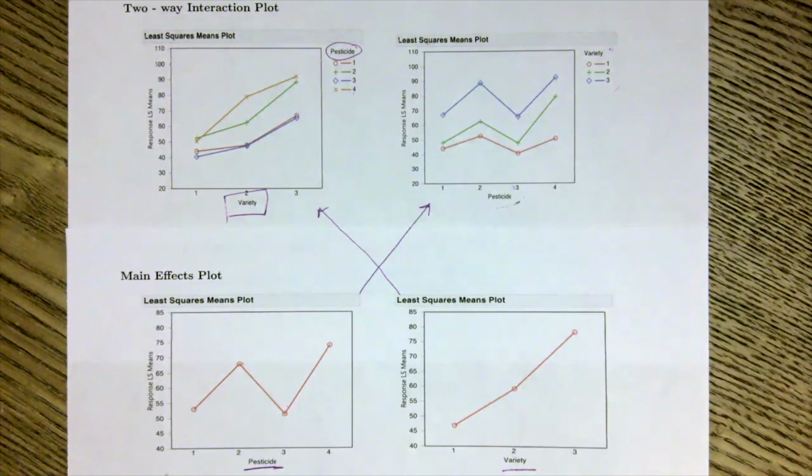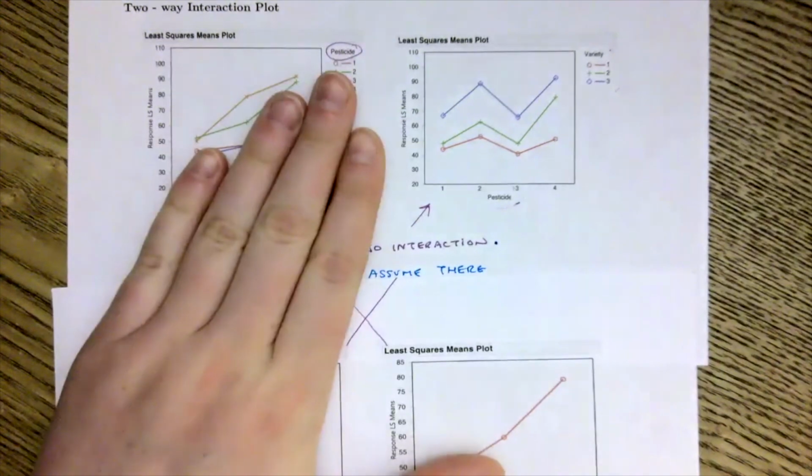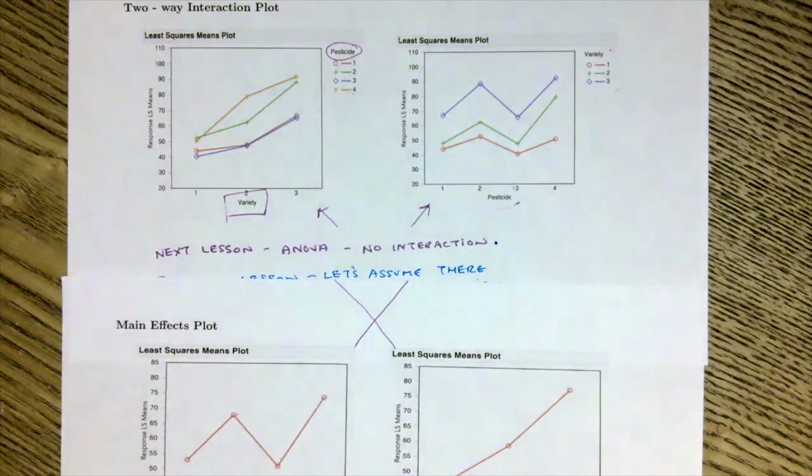In some analysis, we may not even be able to make a conclusion about our main effects because the interactions are so involved. In our next lesson, we're going to provide examples. We're going to go all the way through this pesticide example. We're also going to go through the bologna example using our software.